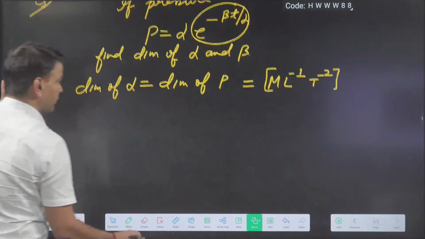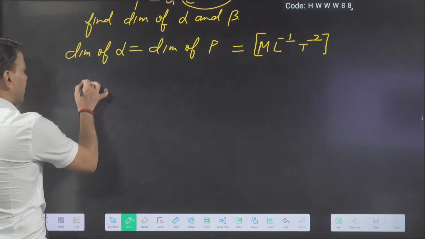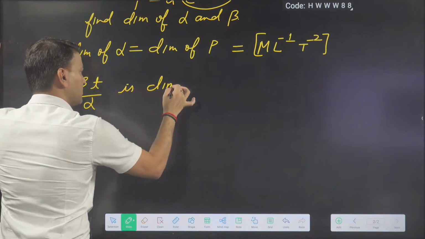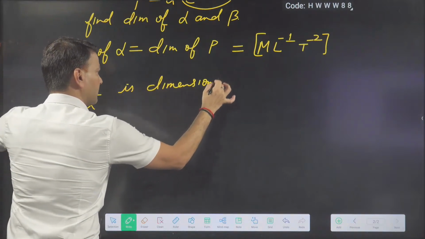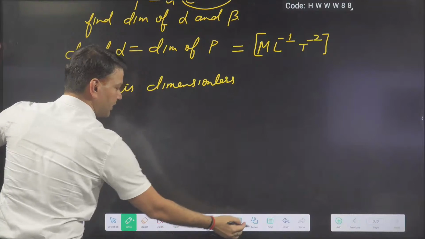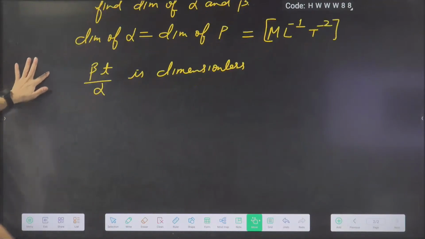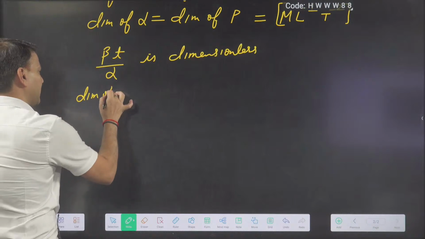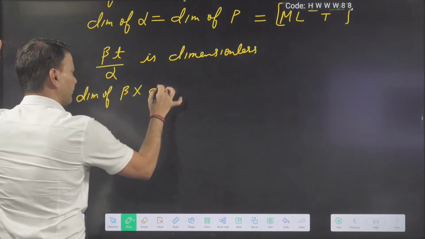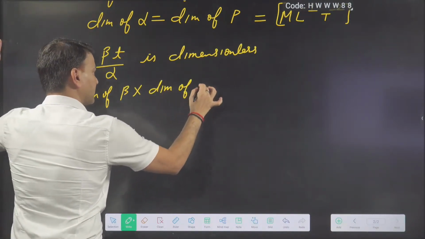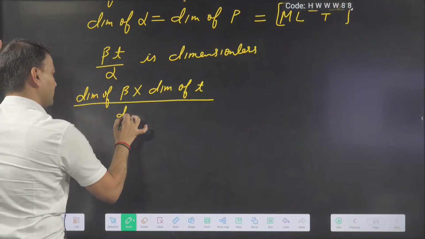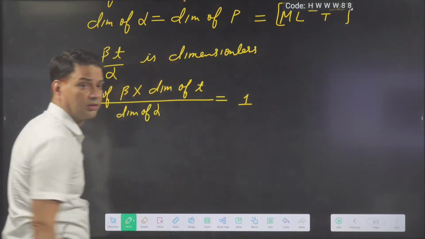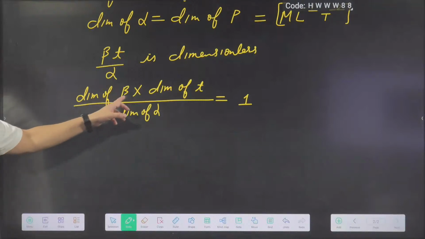Then we will say beta T by alpha is dimensionless. Now dimension of beta into dimension of T upon dimension of alpha, that is equal to 1. Now dimension of beta, what will I get?